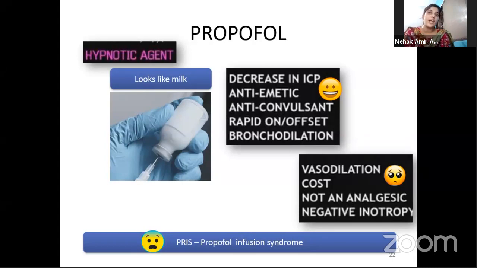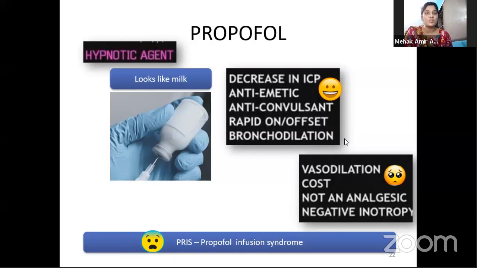It increases the cost, as weaning from propofol at a higher dose is difficult, so it's hard to wean the patient off the ventilator, and it can increase the cost of ventilation. It's not an appropriate analgesic, and it has a negative inotropic effect, like it can decrease the heart rate and the pumping and contractility of the heart.